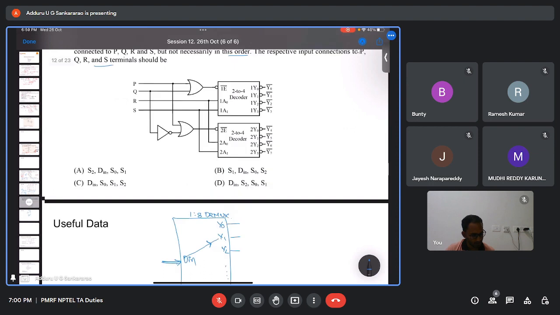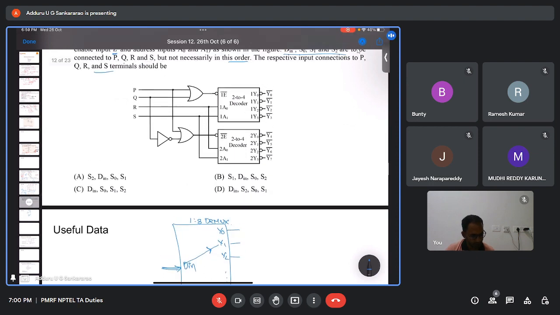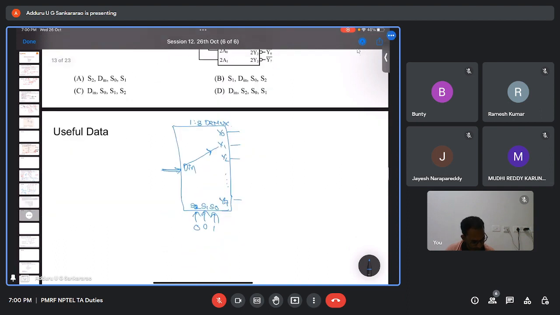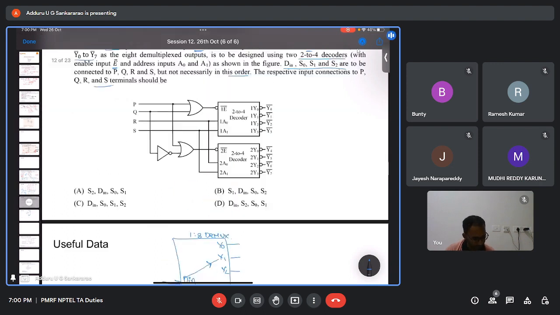Now we need to connect this PQRS. That means for this 1 to 8 demux, S2, S1, S0 are the selection lines and D in is the input. Now this entire setup should work as a 1 to 8 demultiplexer.